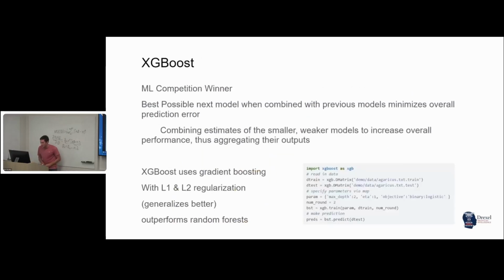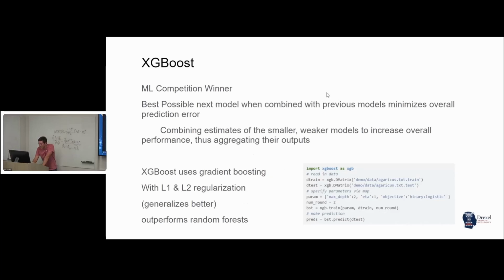XGBoost is the example of this. I see in a lot of machine learning competitions it's often first place, or at least some kind of ensemble. I know we used ensembling for one of our papers earlier. Why is it always first? Well, it's not always first. It just generally performs well.